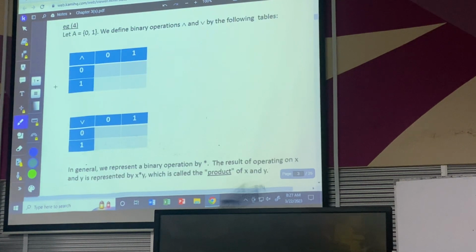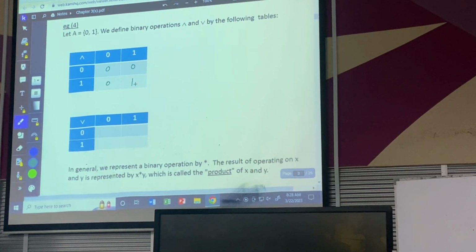Okay, this one. Come to the conjunction and disjunction again. So here we have A belongs to {0, 1}. A has the elements 0 and 1. And then the binary operations now are AND and OR. So we try to combine these and see whether the AND here is a valid binary operation or not. So 0 and 0 is 0, 0 and 1 is 0, 1 and 0 is 0, 1 and 1 is 1.